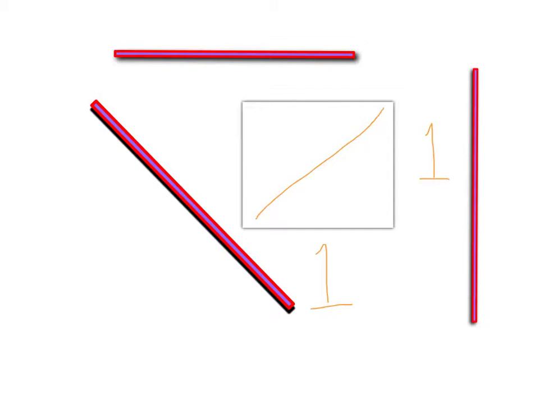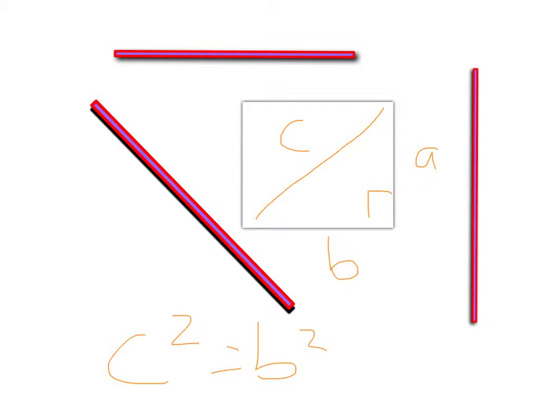We know from Pythagoras' theorem that C is proportional to sides A and B. Just get rid of that 1 there, and I'll put in A and B. Okay, C squared equals B squared plus A squared, as we remember from the previous section. So it's not going to equal 1.